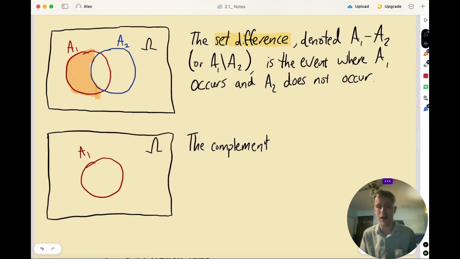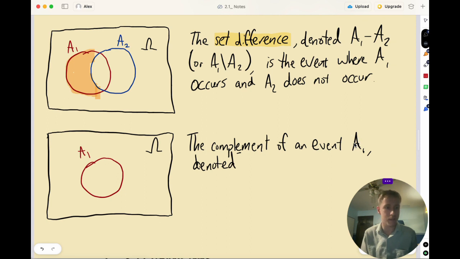Notice that I'm spelling complement with an E because I'm not calling someone pretty. The complement of an event A1, which is again denoted a couple of different ways. I've seen A1 with a bar over it, or A1 with a C right here.